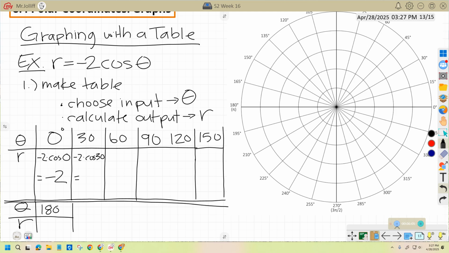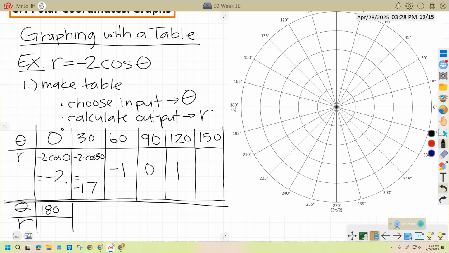Brittany, what did you get for negative 2 times cos of 30? Negative 1.7. Very good. Liliana, what did you get for theta is 60 degrees? Negative 1. Very good. Melissa, what did you get for theta is 90 degrees? 0. Very good. Alexis, what did you get for theta is 120?